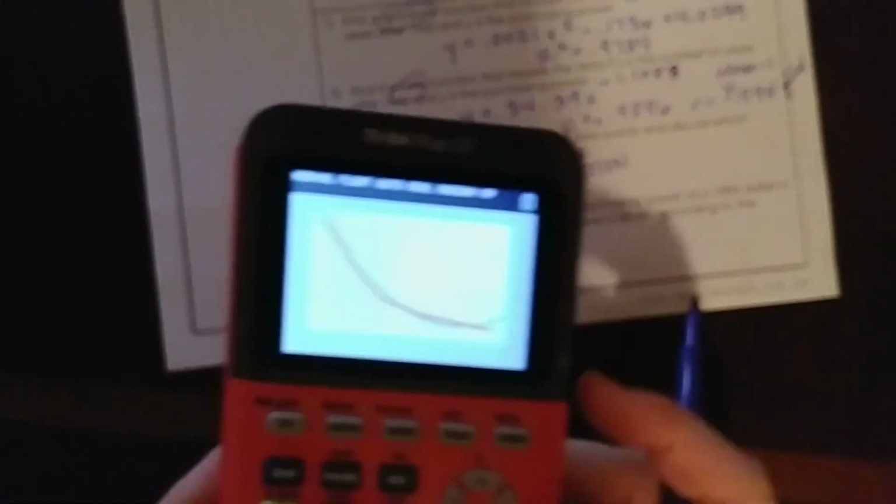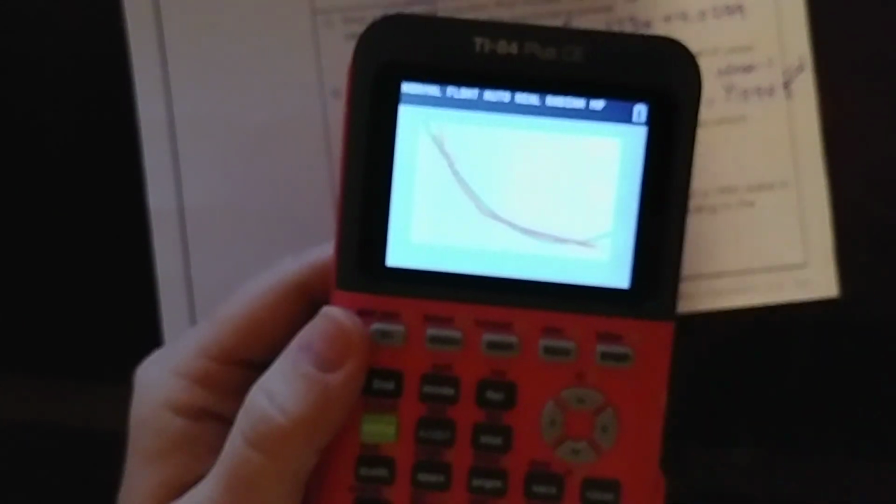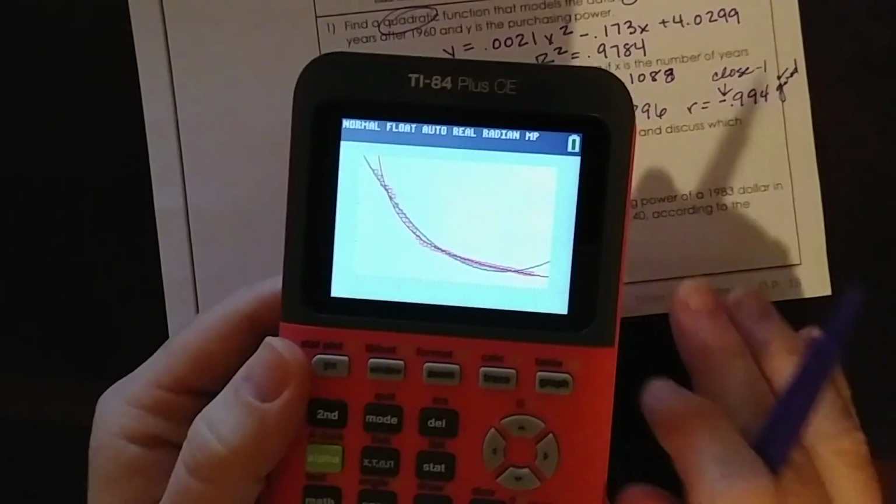So let's use the power model to predict the purchasing power of the $1983 in 2025. I'm going to disable everything else.